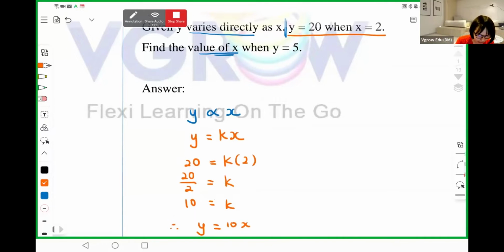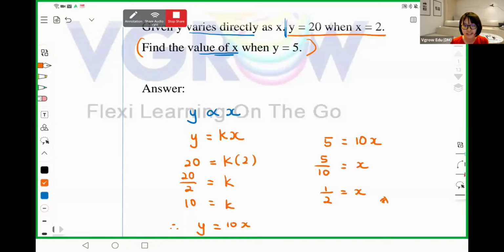So the last sentence: we have to find the value of x when y equals 5. We insert y is 5, then x equals 5 over 10, and when we simplify, we get x equals 1.